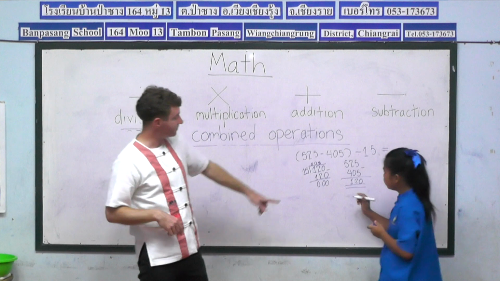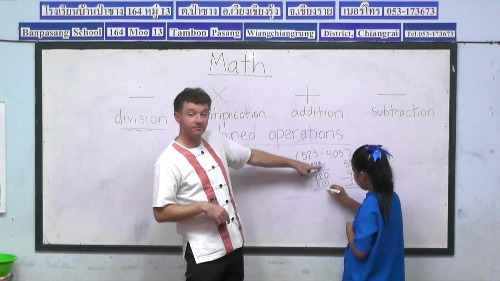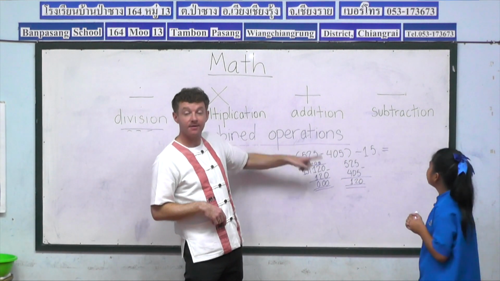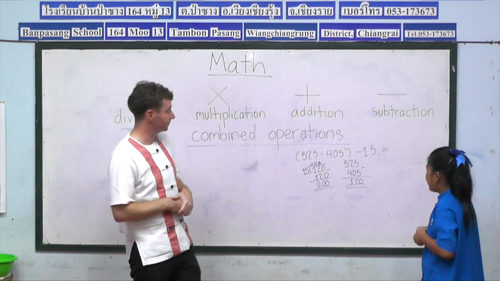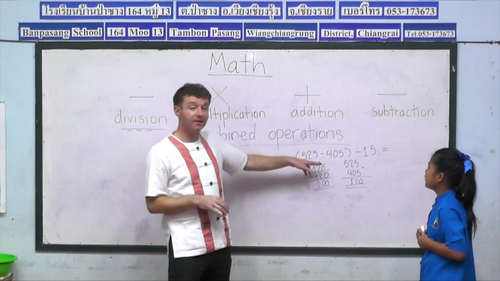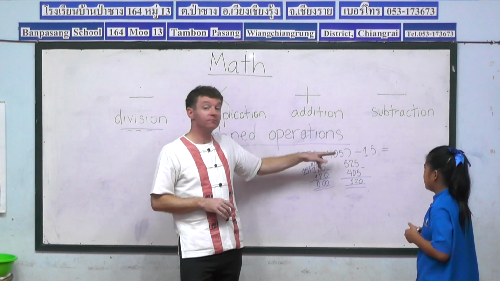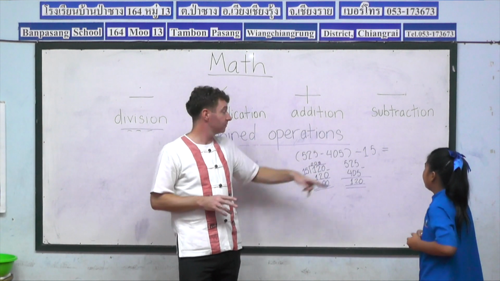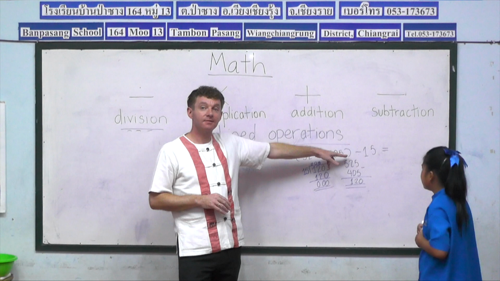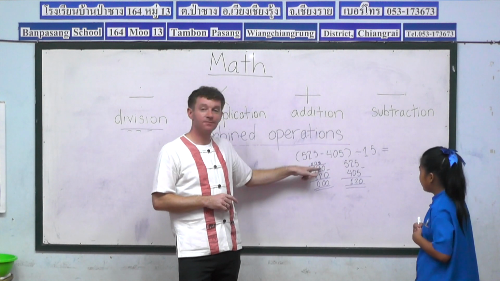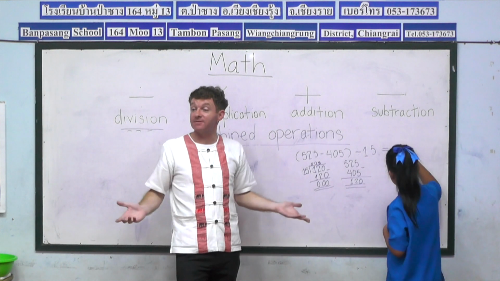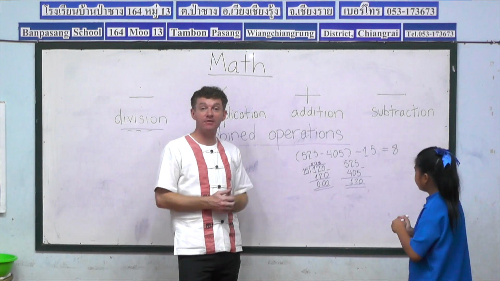No. So we have our answer. Our answer is 8. So we can say 525 minus 405 divided by 15 equals 8. And that's how division combines with other operations.